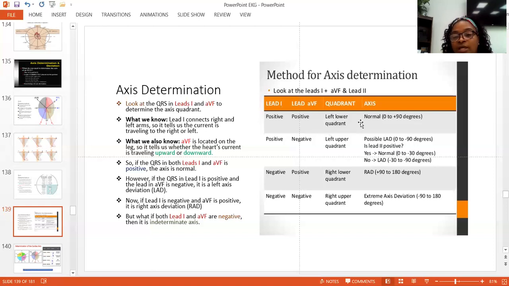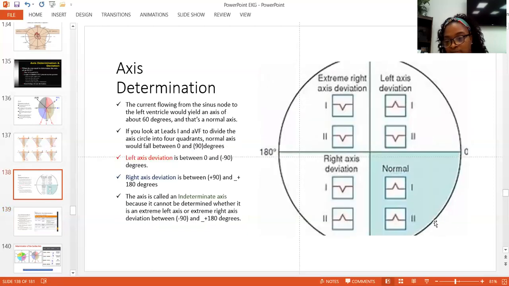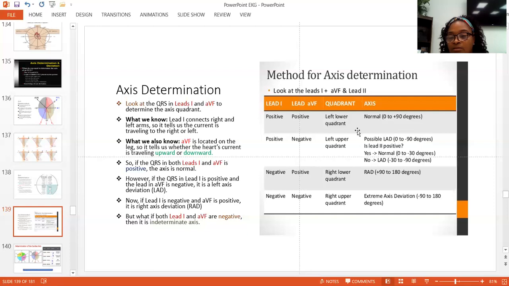So if you look over here at our chart, we see a re-illustration of just what I said. If lead 1 is positive and AVF is positive, your axis is going to fall in that normal quadrant, which is your left lower quadrant.